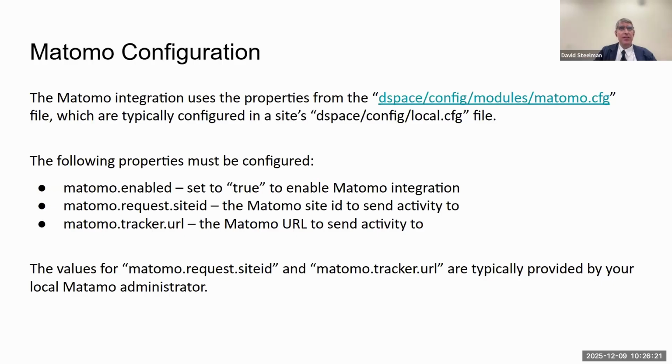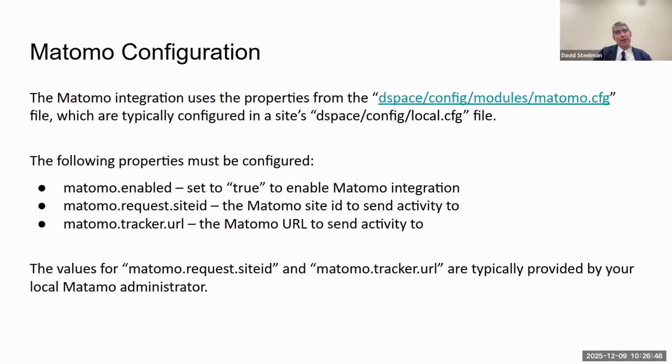As a built-in DSpace feature, enabling Matomo simply requires adding the necessary configuration properties to the DSpace instance. The properties are specified in the DSpace config modules matomo.cfg file, which in standard DSpace fashion is typically configured in a site's DSpace config local.cfg file. There are 3 properties that must be configured. There's the Matomo enabled property, which is set to true to enable Matomo integration.